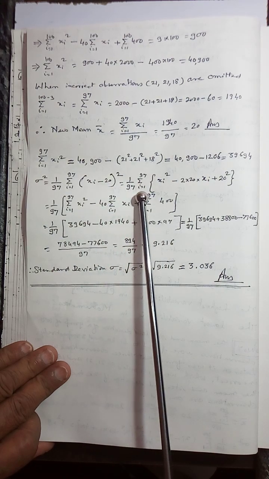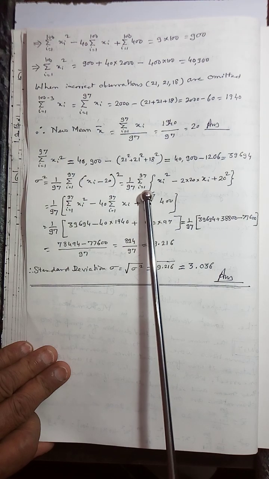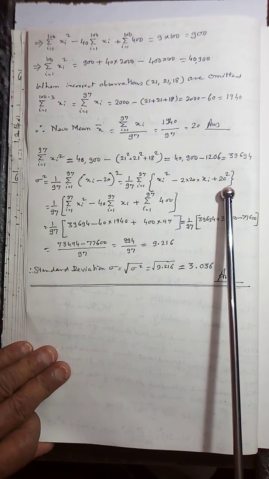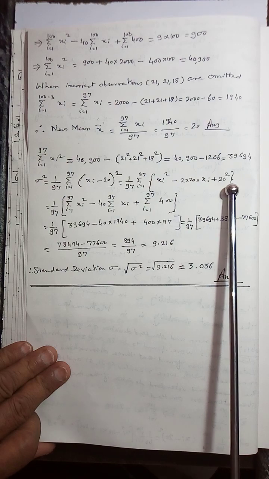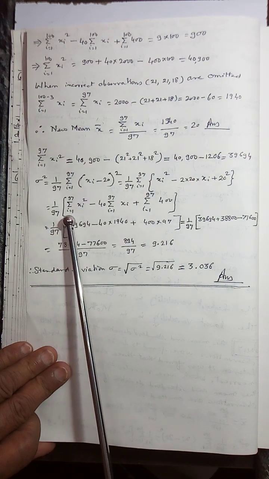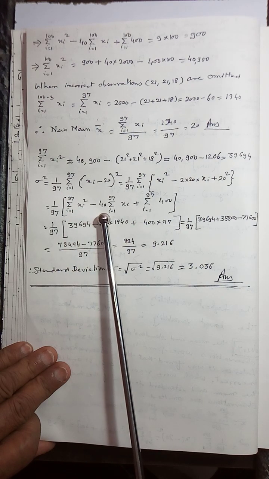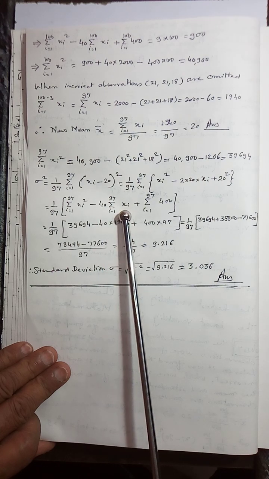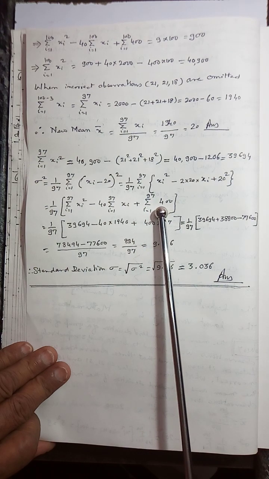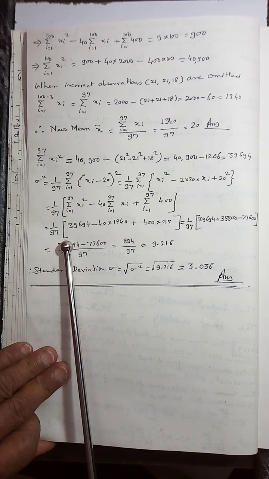So 1 upon 97, summation of i is equal to 1 to 97 in bracket xi square minus 2 into 20 into xi plus 20 स्क्वायर. अभी क्या करेंगे, समेशन साइन को इनसाइड द ब्रैकेट में लाएंगे. इसको 1 upon 97 समेशन ऑफ i is equal to 1 to 97 xi square minus 40 into summation of i is equal to 1 to 97 xi plus summation of i is equal to 1 to 97 into 400.